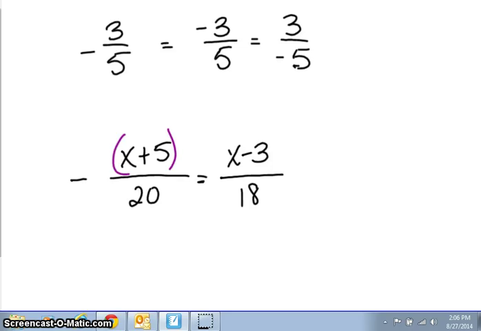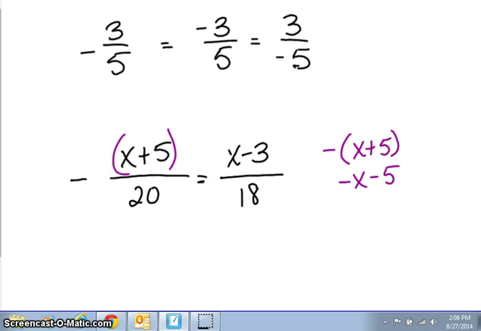If you want to put it with the top, you have to distribute a -1. It would actually become that. You could choose a simpler way and just put it with the 20 on the bottom, and that way you don't have to worry about it.